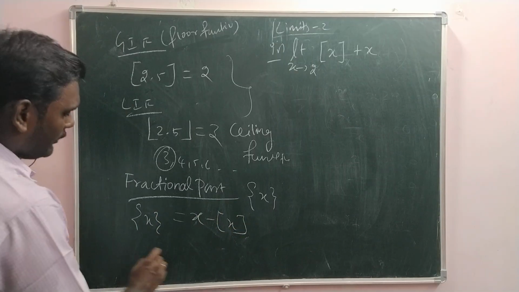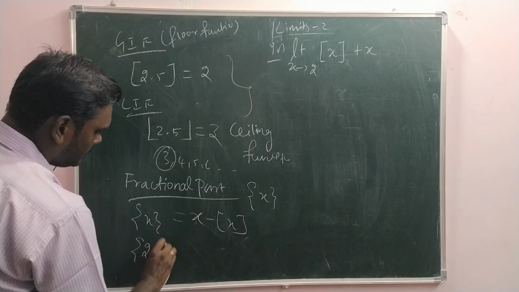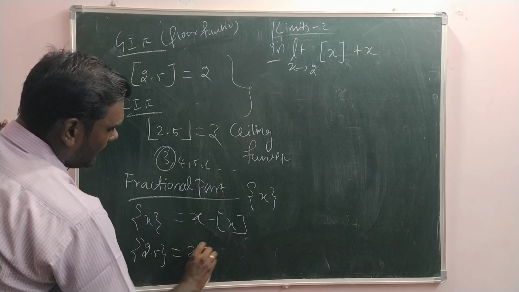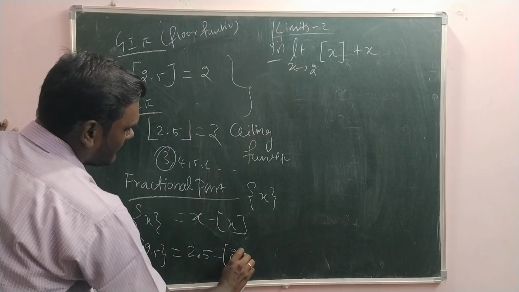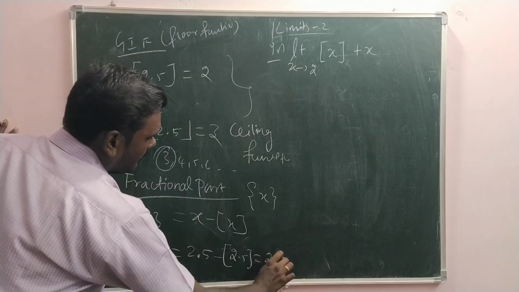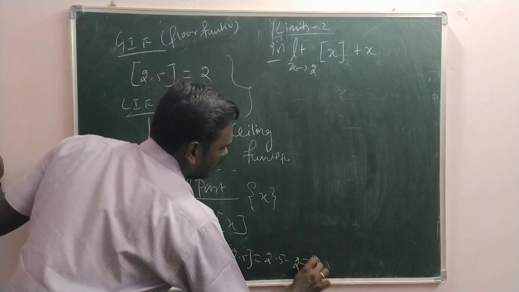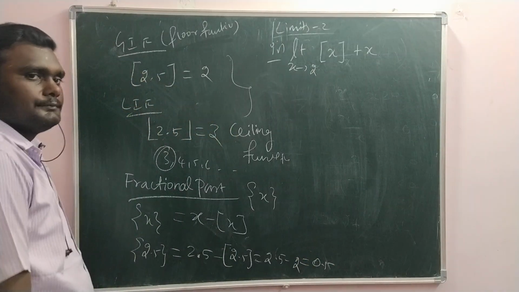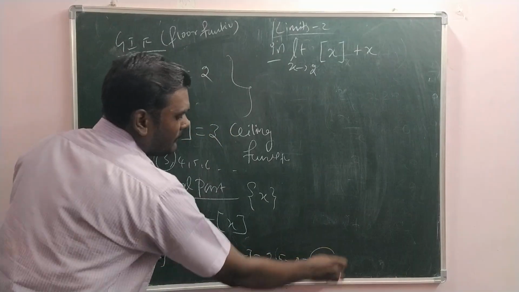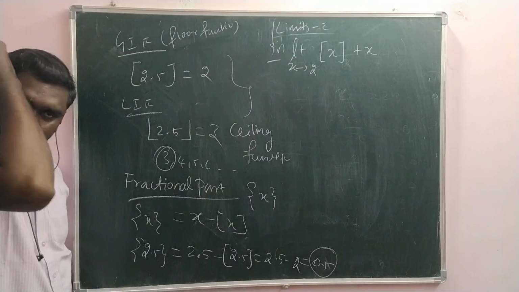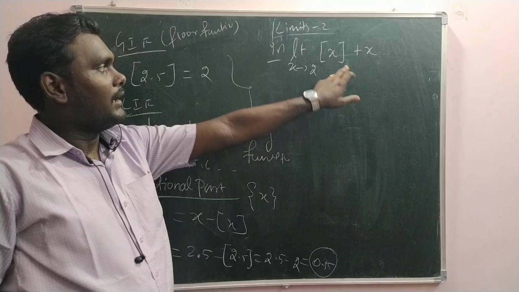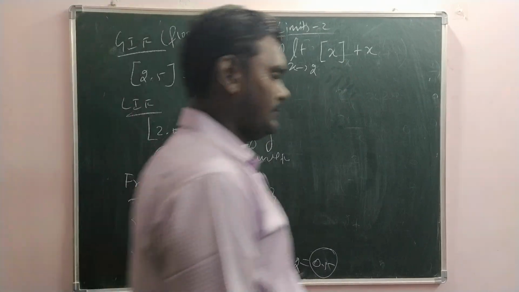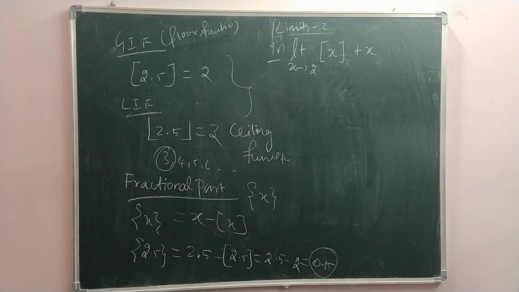For example, if I put 2.5 here, only the fractional part will come: 2.5 minus greatest integer function of 2.5, that is 2.5 minus 2, 0.5. So only the fractional part will come. Okay. So it is called fractional part function. Here in this case we have this step function, I mean greatest integer function.